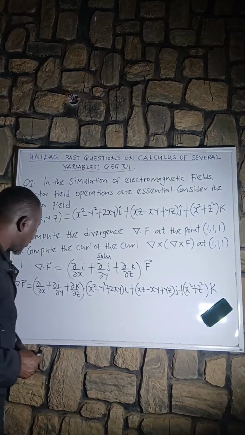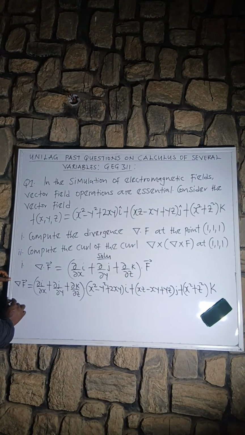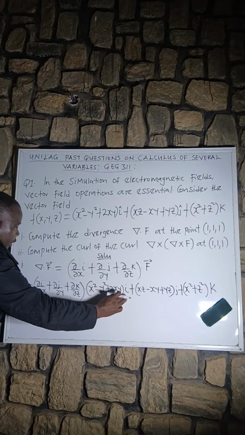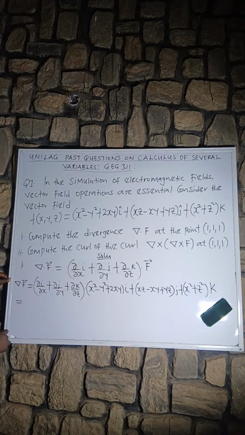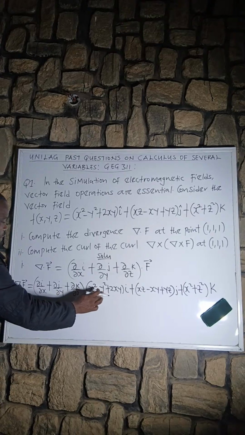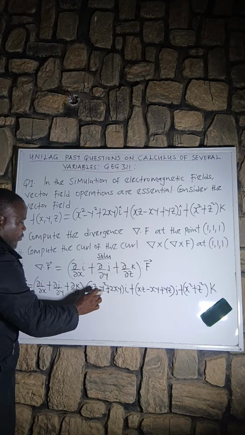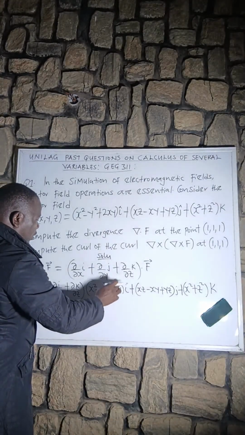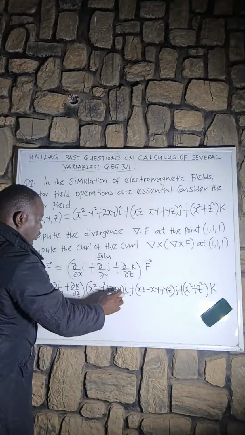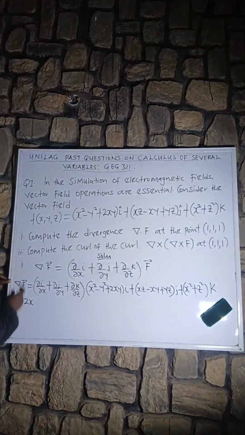So this will now be equal to, we differentiate this with respect to x. In this bracket we are going to have 2x. The next term does not contain x, so here will be 0. If we differentiate x, then 2y, the derivative of x is 1, so 1 times 2y is 2y.